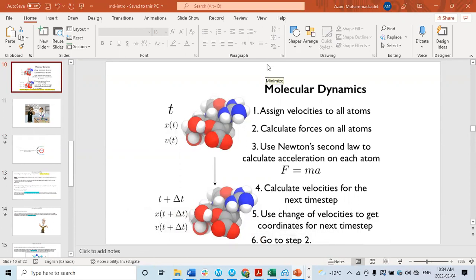Okay, so, guys, do all of you have Schrodinger installed on your computer or laptop? Yeah, I do. Okay, perfect. Because we are going to start preparing the file for the simulation. Actually, we are going to start today with some basic introduction to molecular dynamics simulation using Amber, and then we are going through a project.